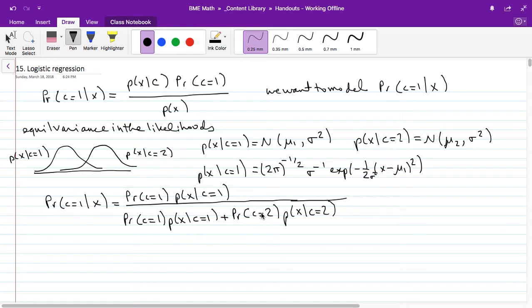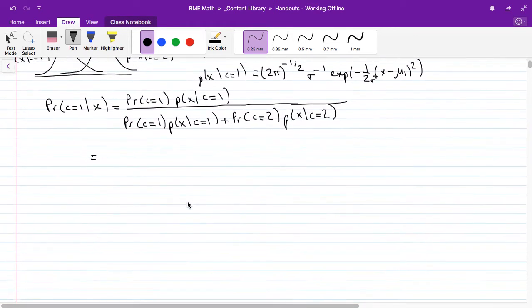Okay, so that's our marginal. So let's write this now in terms of the exponentials. Let's see what the posterior probability looks like.